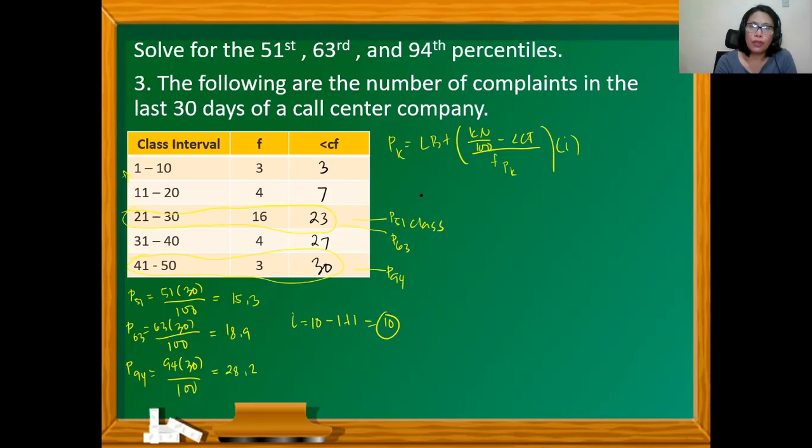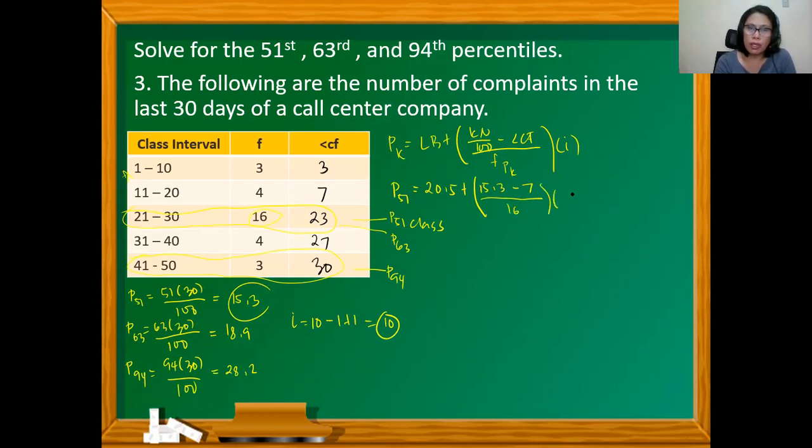Now, solving for P sub 51. The lower boundary is 21 less 0.5, so this is 20.5 plus 15.3. The less than cumulative frequency is 23, and prior to this is 7, all over the frequency of the percentile class, which is here 16.